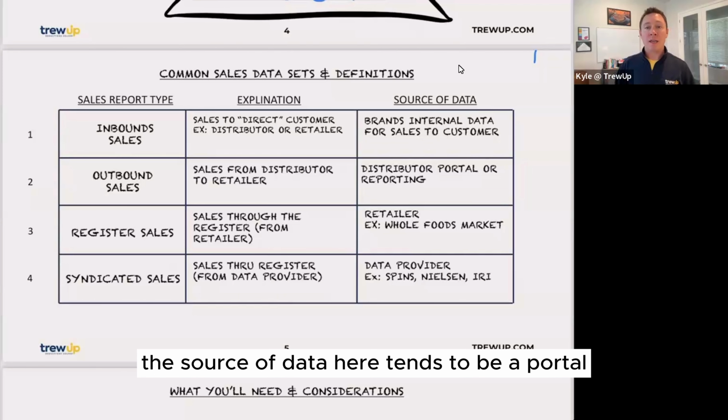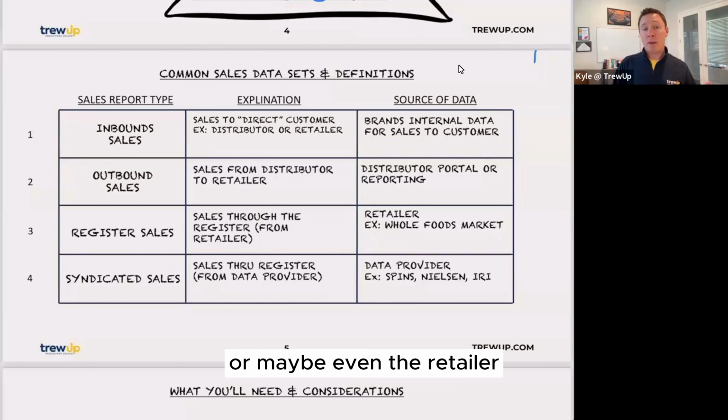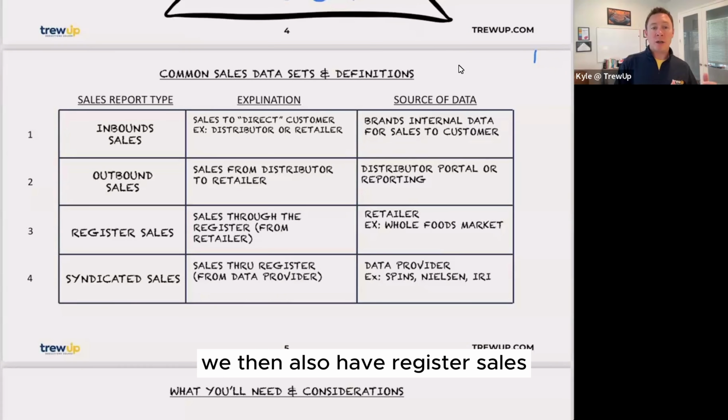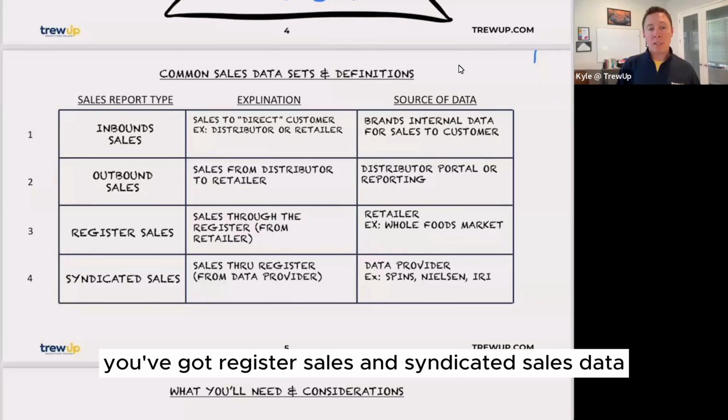The source of data here tends to be a portal or reports that we can get from the distributor, or maybe even the retailer if they have multiple regions. We then also have register sales, and I'm going to break this into two sections: register sales and syndicated sales data.